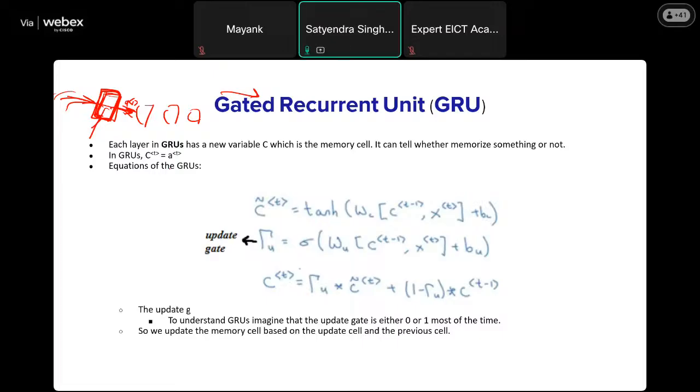That introduces another variable called c_t, which is the same as a_t, which has the context vector information in the RNN. So c_t is nothing but a_t.